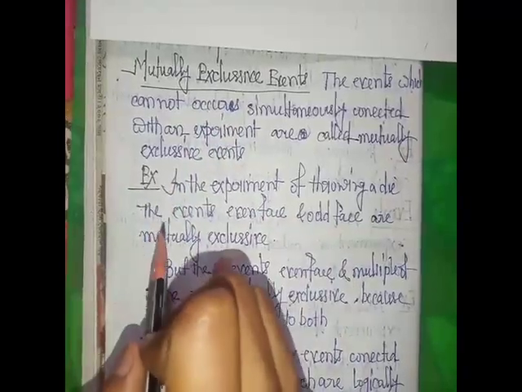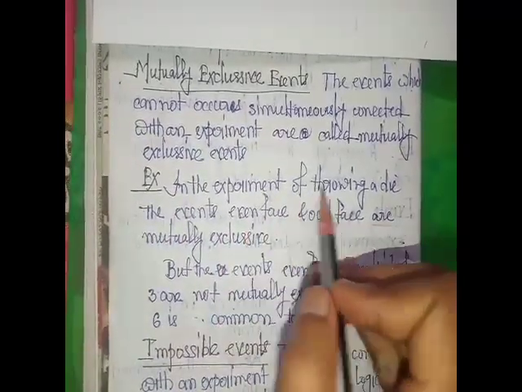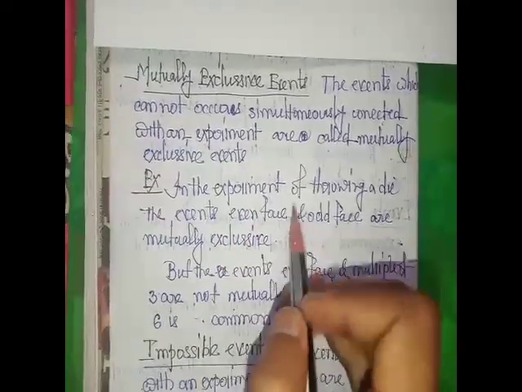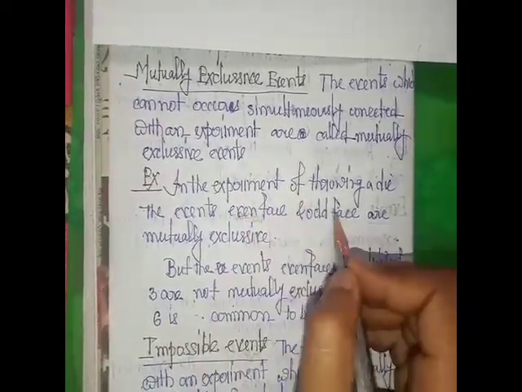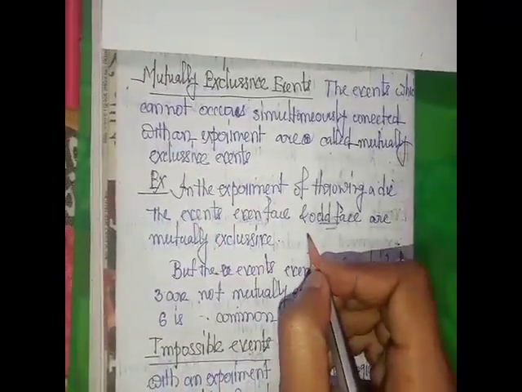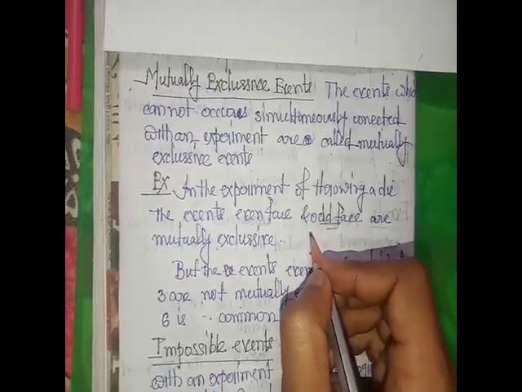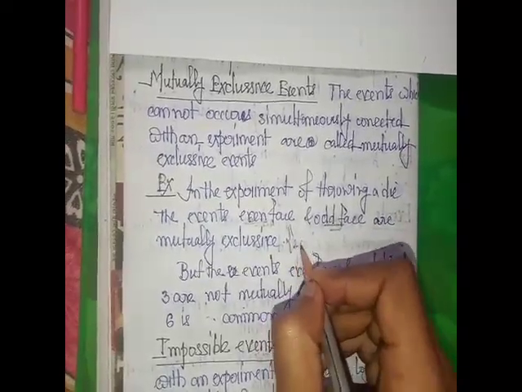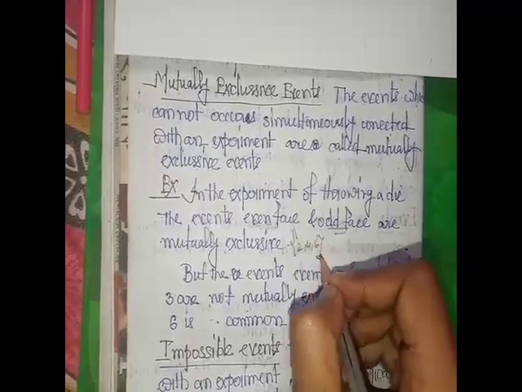For example, in the experiment of throwing a die, the events even face and odd face are mutually exclusive, because even face contains 3 points: 2, 4, 6.